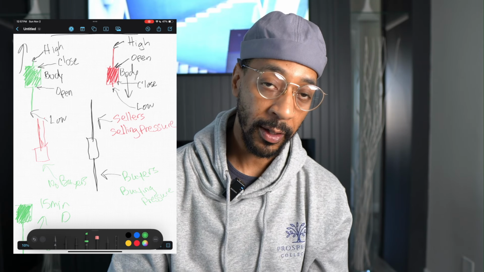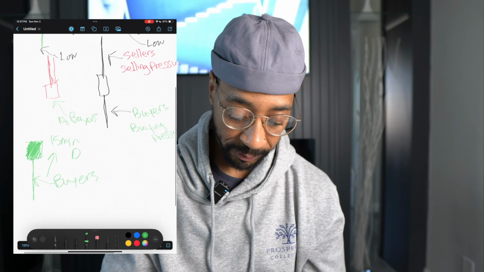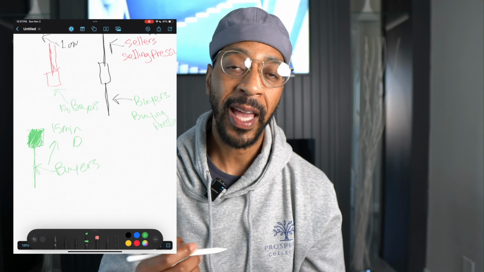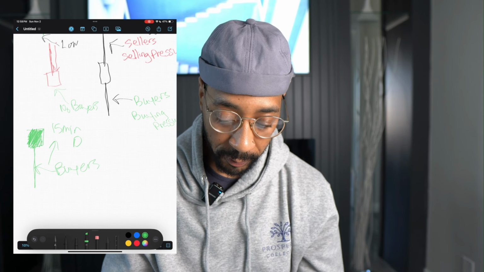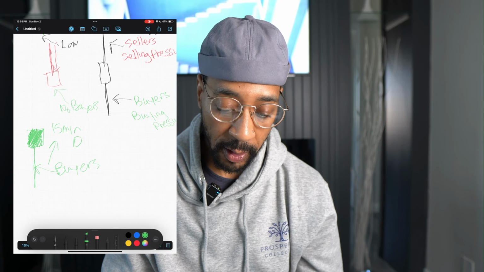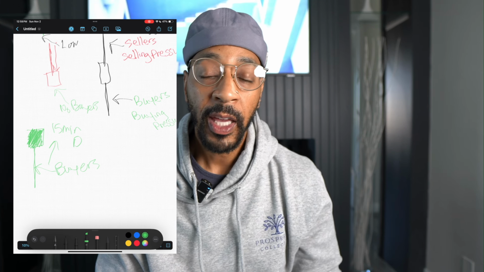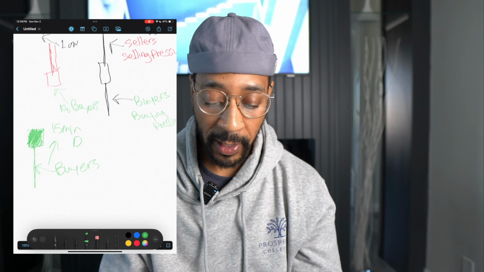Is it at support? Is it at resistance? That's another thing you have to ask yourself as well. But I wanted to focus on candlesticks and chart patterns and how to know if a stock is going up or going down.